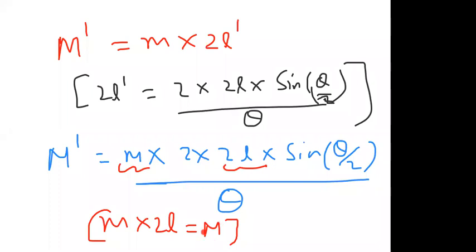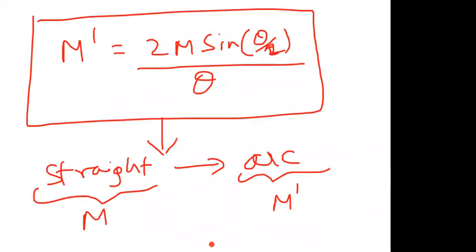Substituting capital M in the formula, finally I got M dash equal to 2M sine of theta by 2 by theta. This is the information for bending a straight magnet into the form of an arc. I hope it is clear. Now, let us observe some applications of this.